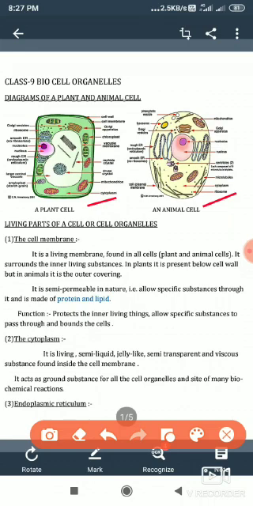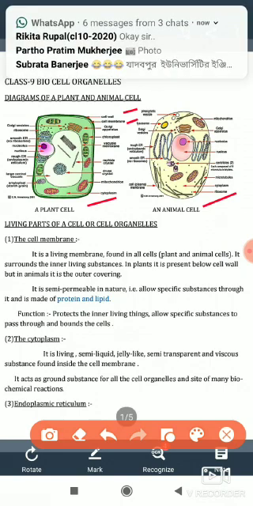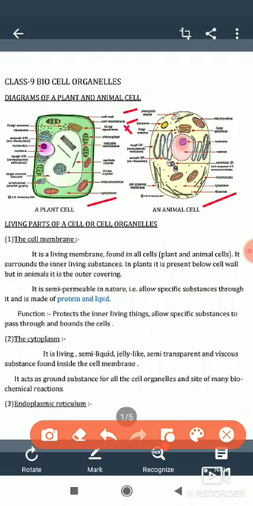Look at that: cell wall, cell membrane. Here is a mistake in the Golgi apparatus that has been given. Golgi apparatus is not found in plant cells like that, but the Golgi apparatus in animal cells is okay. Nucleus, here also the nucleus is shown.